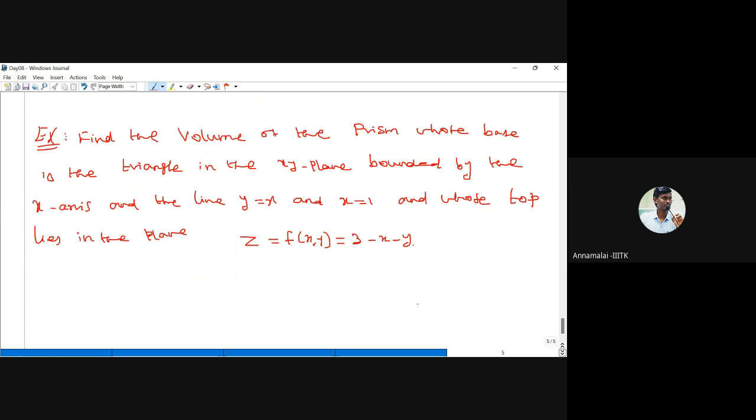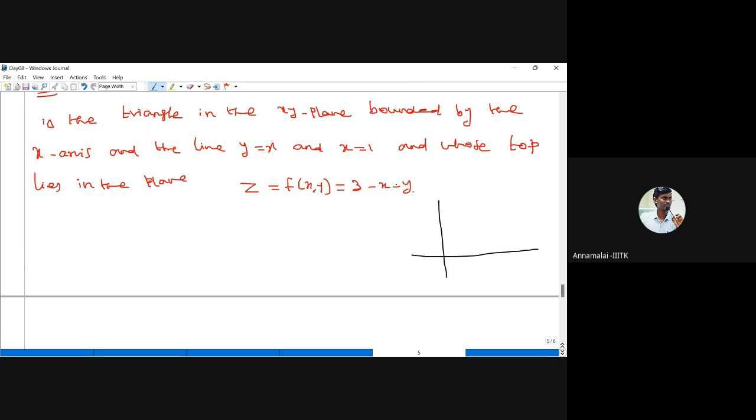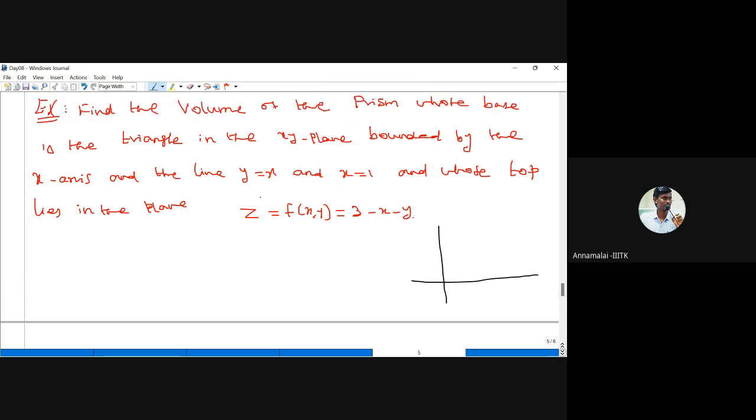Now it is given that the region is a triangle. So first you have to try to draw the triangle and then find the range. A triangle has 3 sides, right? One side they gave is the x-axis.